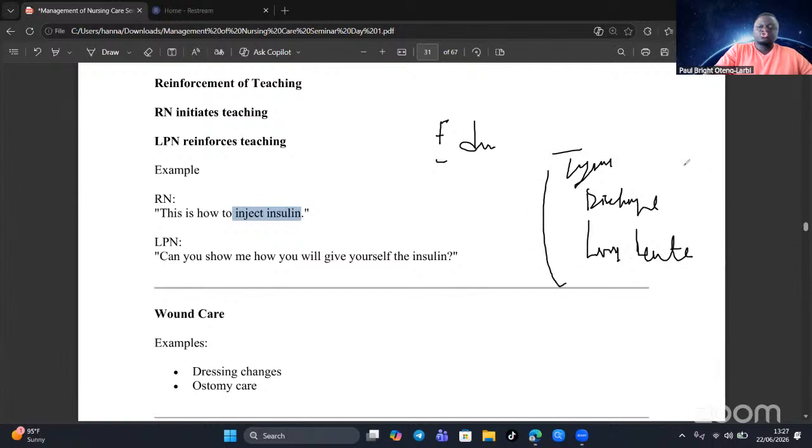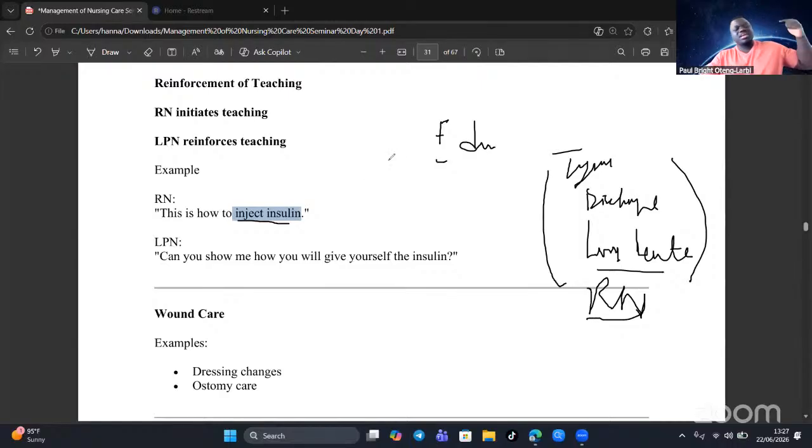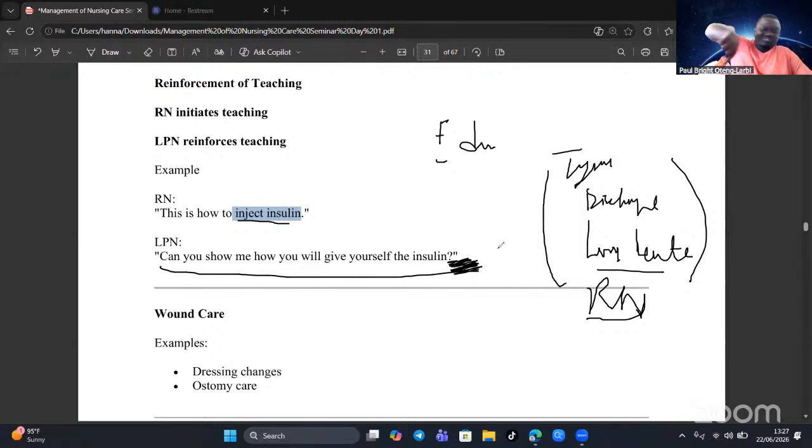The RN is supposed to do the education on how to inject this type of insulin. If the LPN wants to educate, how should the LPN go about it? The LPN will ask the question, can you show me how you give yourself the insulin? If the LPN asks this question, it means the patient has already received education.